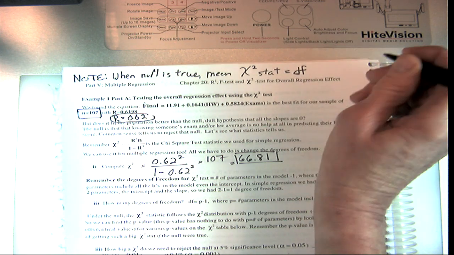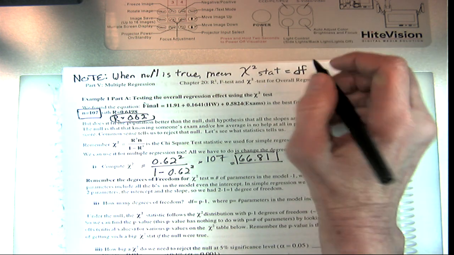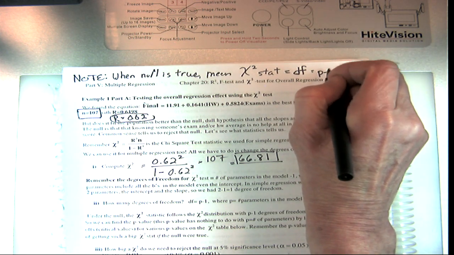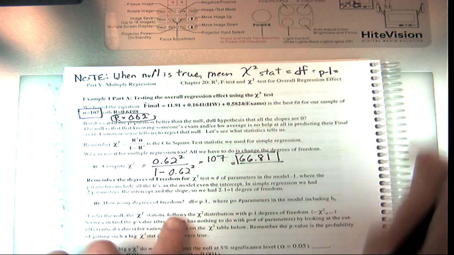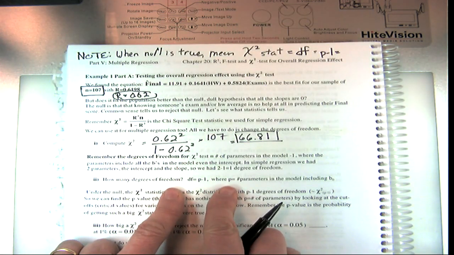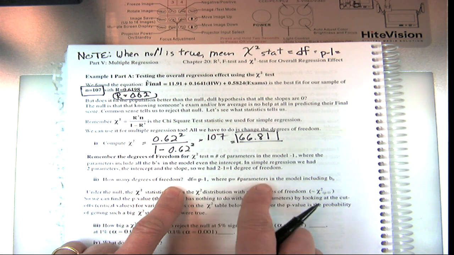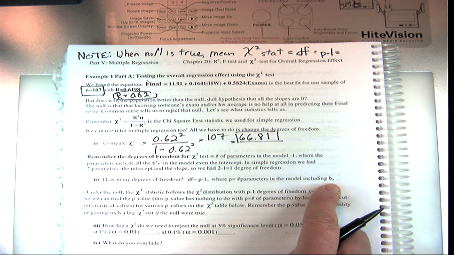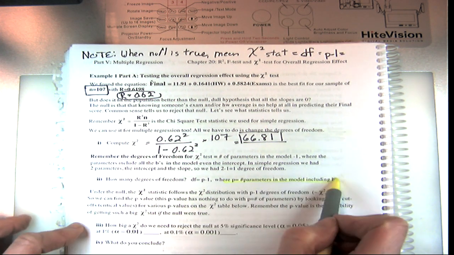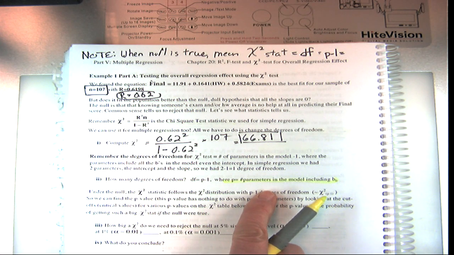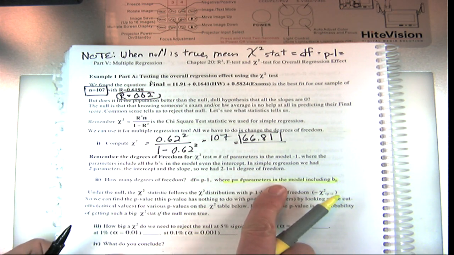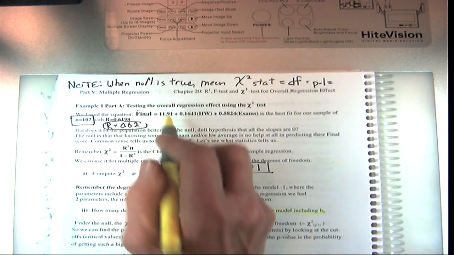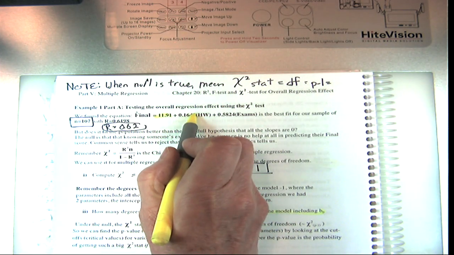And the degrees of freedom, remember, is p minus 1. How many parameters are in our model? What do you think p is?